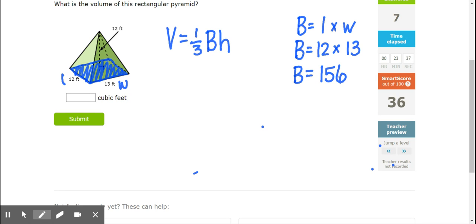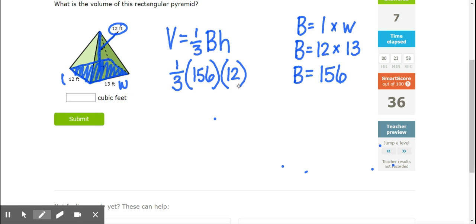So now I'm ready to plug in everything to my formula. I'm going to bring down this 1/3. I'm going to substitute in a 156 for my capital B. And then my height from the bottom to the tip top point is going to be 12. So I'm going to put a 12 in for my height.